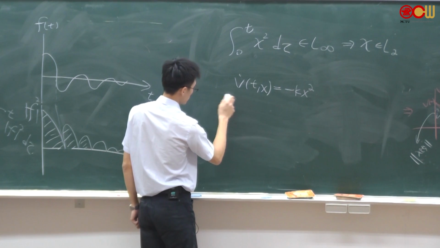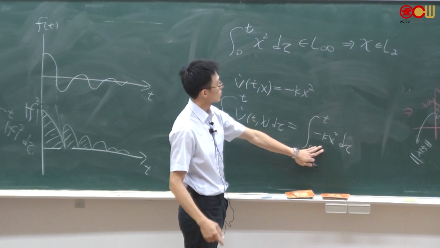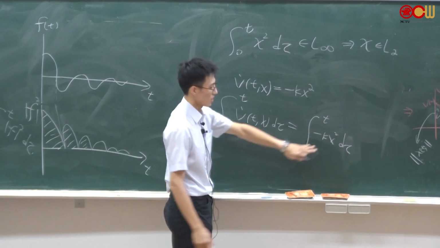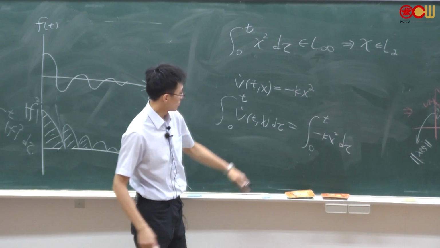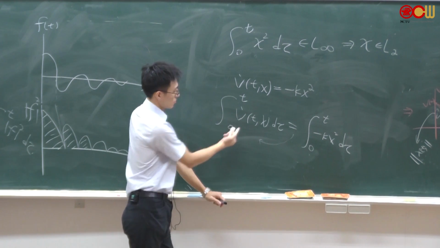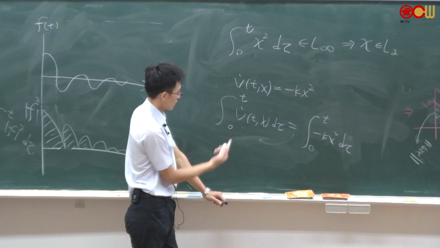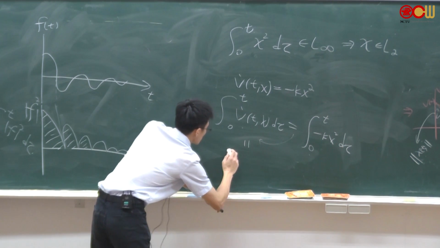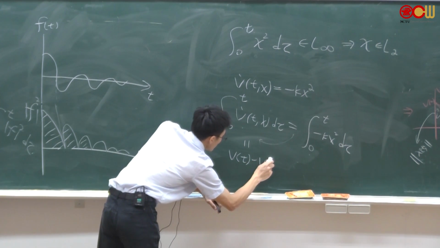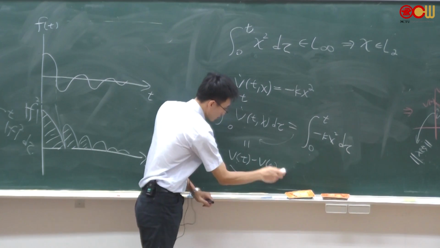You take the integral. Is this one bounded? If it's bounded, it's L2. It's hard to see from here, but let's look at the left-hand side of the equation. It's easier to tell whether it's bounded or not, right? This equals V of t minus V0, right?